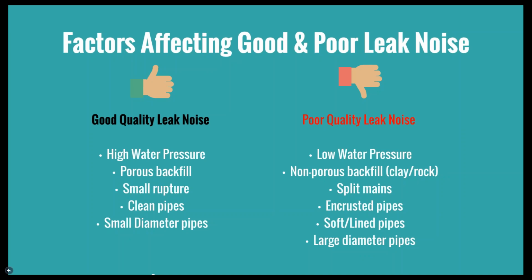So just to summarize, the factors affecting good and poor leak noise to keep in mind when you're doing a program: good quality leak noise comes from higher water pressure, porous backfill, smaller holes or joint leaks, cleaner pipes, and smaller diameter pipes. The thing to remember about cleaner pipes is that if you have a lot of tuberculation and buildup, the noise is harder to transmit through the pipe.